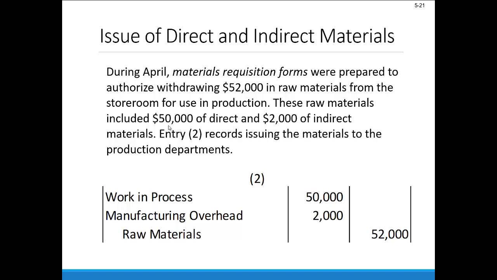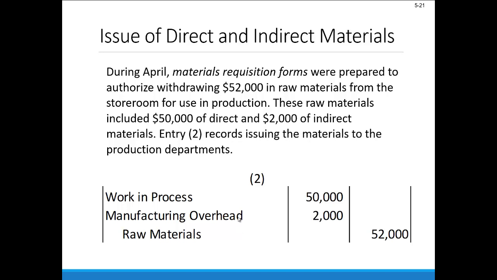That represents the direct materials. We're also going to book a debit to manufacturing overhead for $2,000 to indicate the use of $2,000 in indirect materials. So these indirect materials, we're going to park those costs in the overhead account temporarily until we later apply them to production.